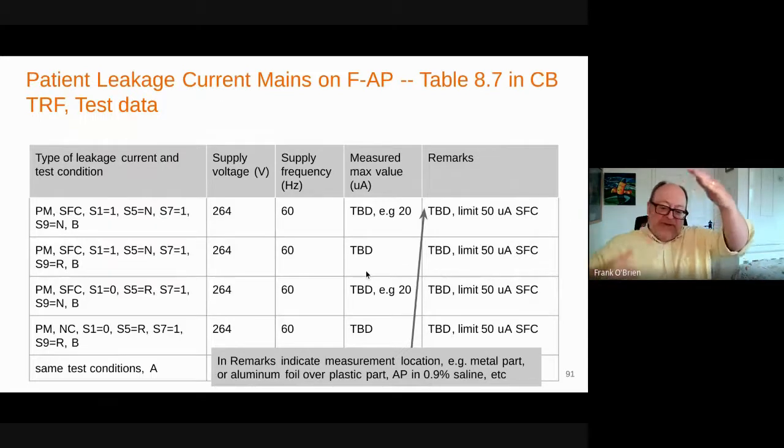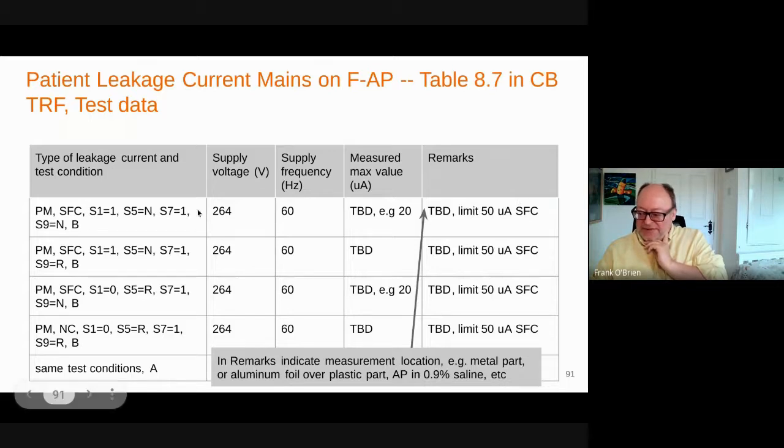So that's one table with all those cases. And so the limit could vary depending on which tests we're doing. And so there's a max. There's a measured, and then in remarks, we might put, actually, there's a header for each section where we can put the limit. But here I've shown the limit's been specified in the remarks.